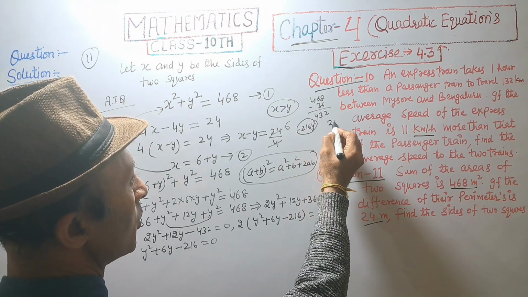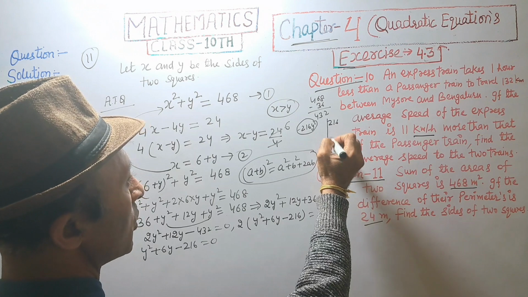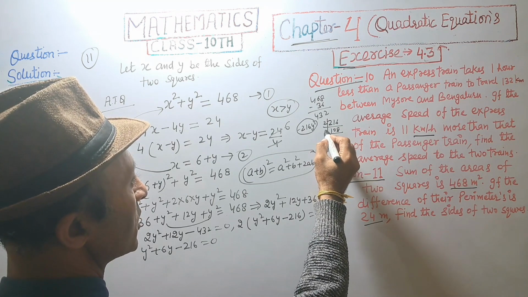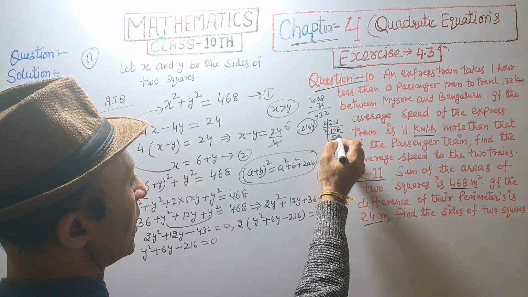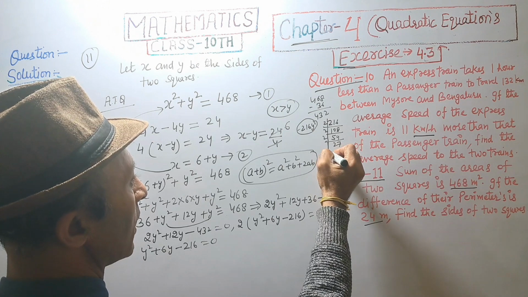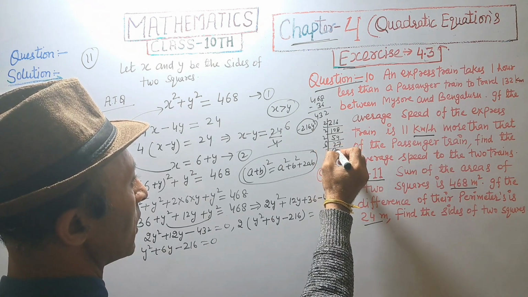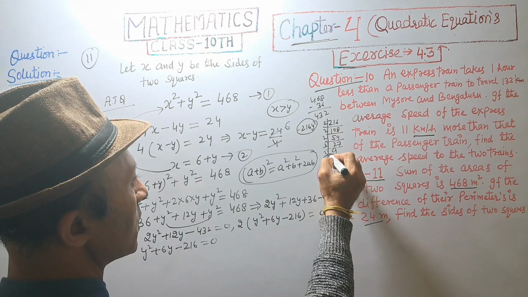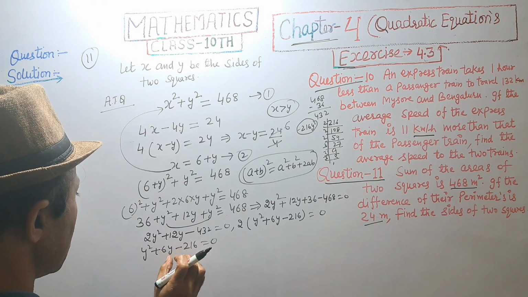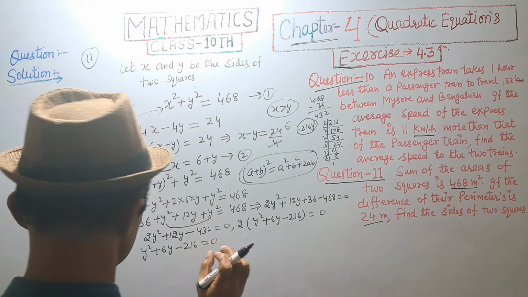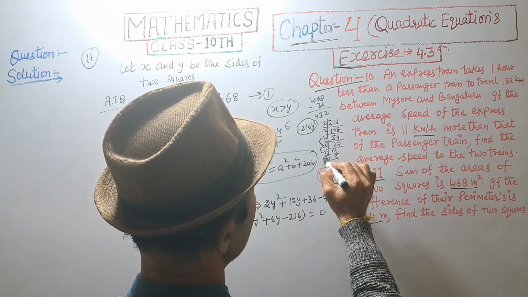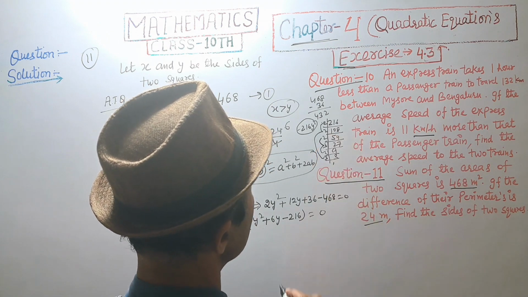Prime factorization of 216: 2, 2 1s are 2, 2 8s are 16... 2 into 2 into 2 into 3 into 3 into 3. For y^2 + 6y minus 216 equal to 0: 3 3s are 9, 9 2s are 18, 2 3s are 6, 6 2s are 12.